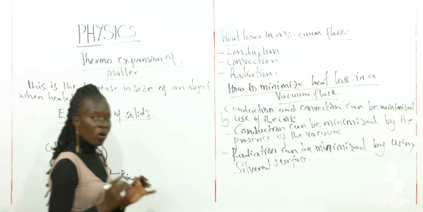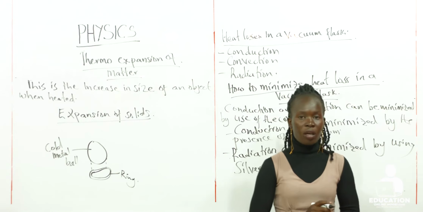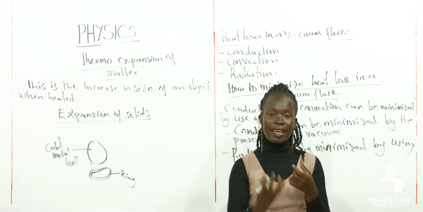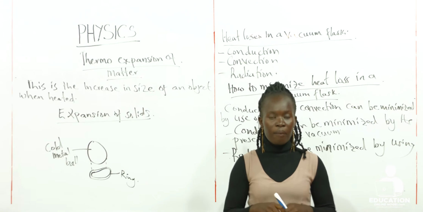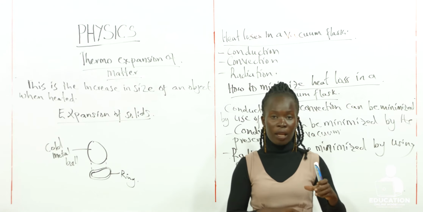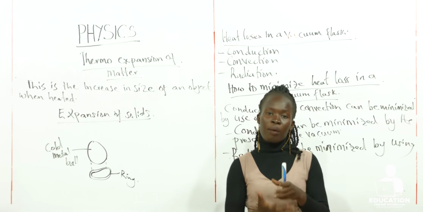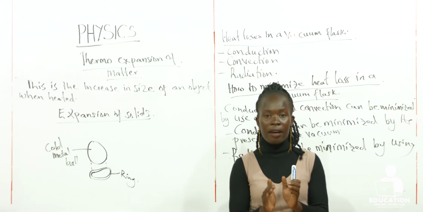When it is still cold, try to fit it in the ring. You'll see that this metal ball will fit in the ring. Get a ring that is proportional to that metal ball. Make sure the ring is not bigger than the ball, or the ball is not bigger than the ring, but they should be proportional. It fits totally in the ring.